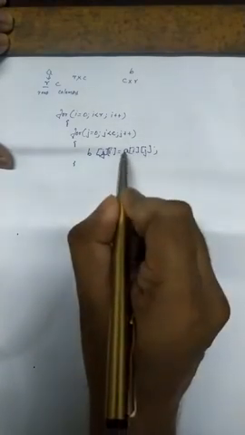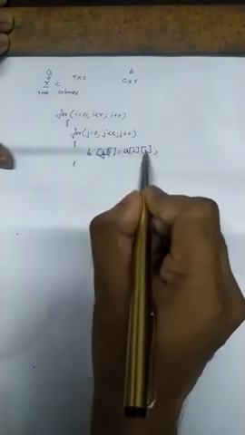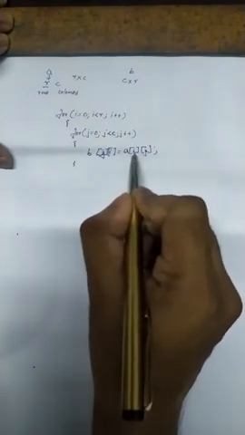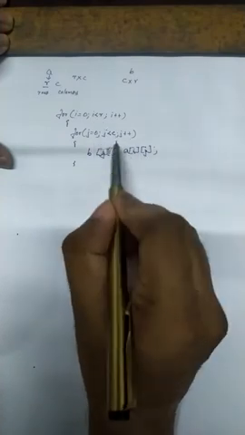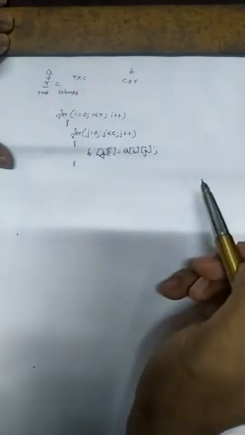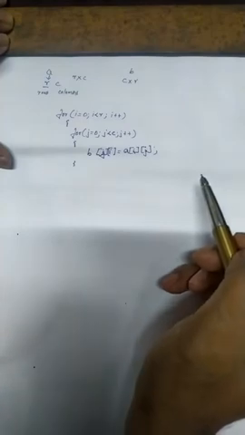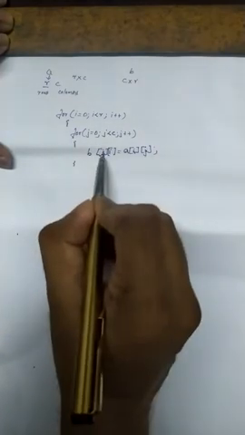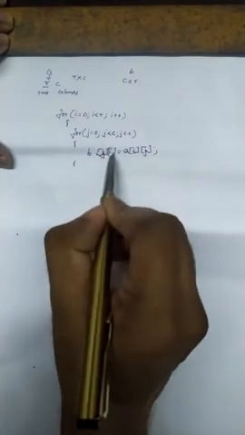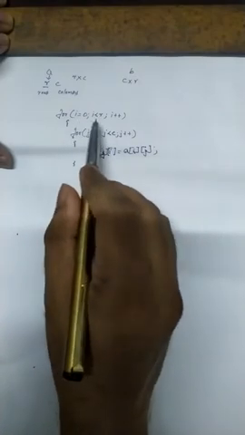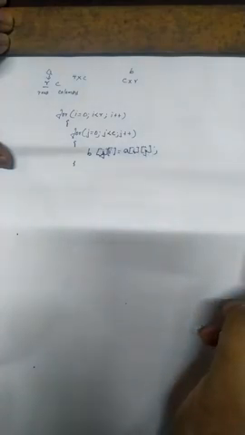Here you can see that in A of I J, I is the number of rows of A and J is the number of columns of A. Likewise, J is the number of rows of B and I is the number of columns of B. I think you got it.